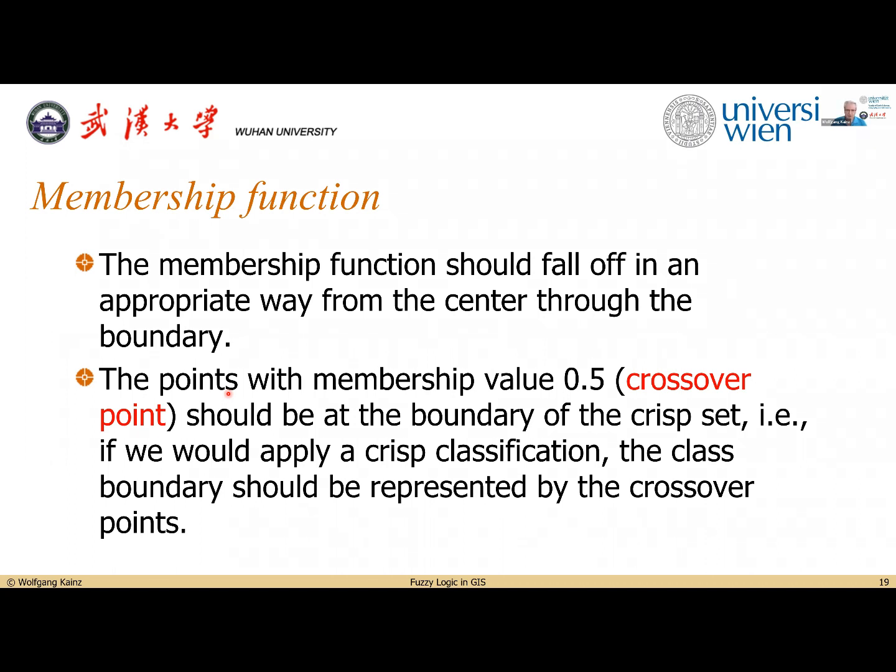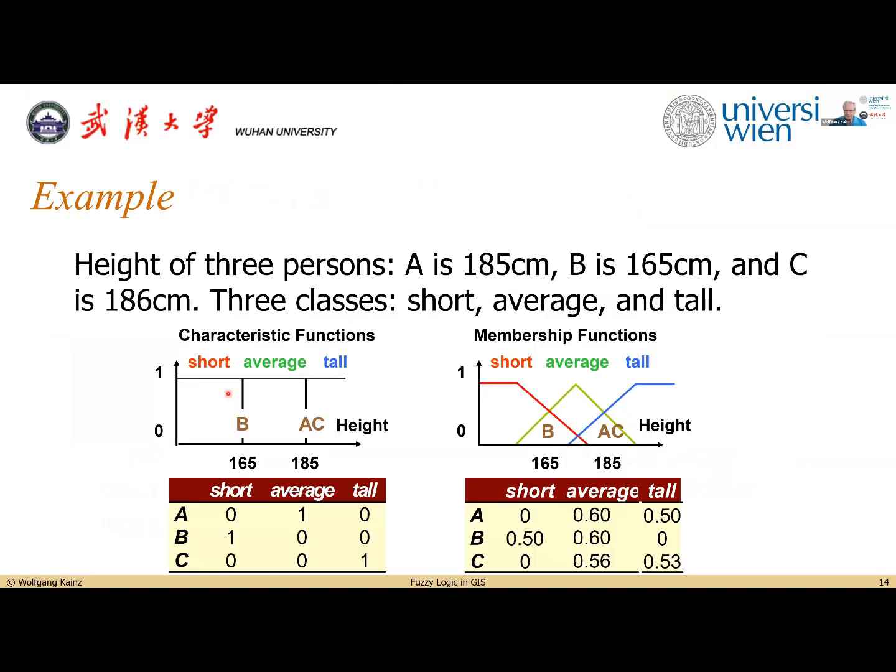So when we look at our example, in the crisp sets we defined, for example, a height of 185 centimeters as the boundary of our class between average and tall. So here is our crisp boundary.